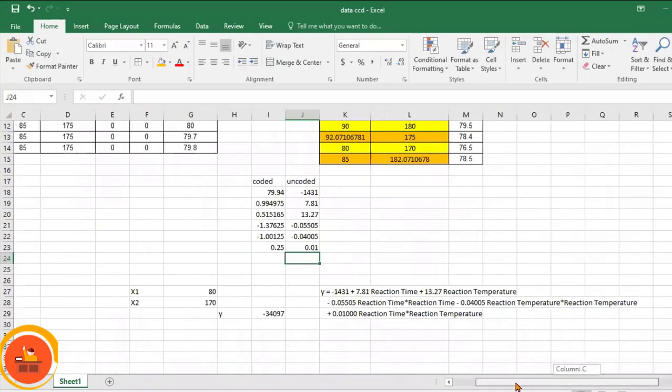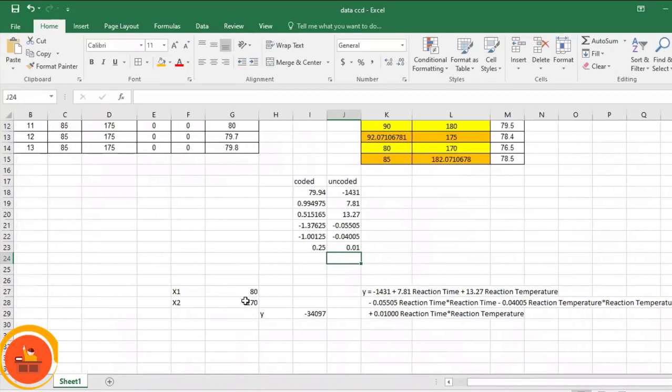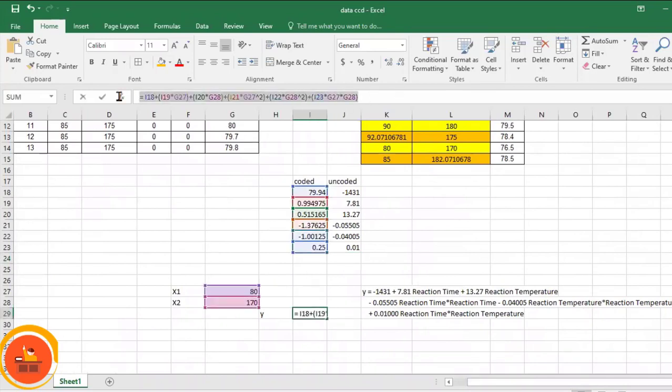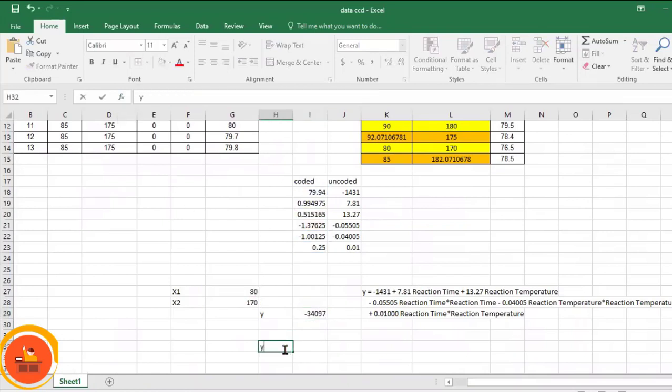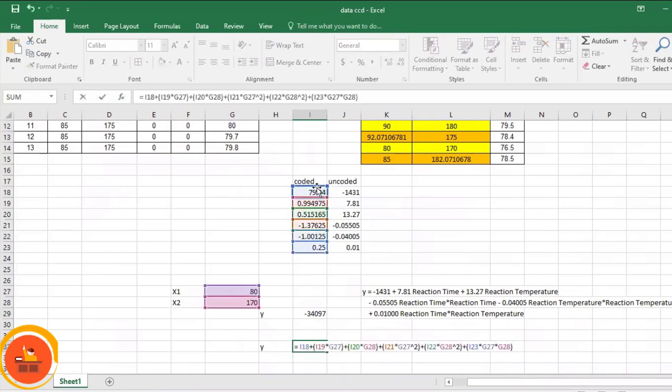Now what I simply do is, these two values are common, no? I will copy the equation which I have typed just now for the coded. Here I will go y. I will copy the equation and just change the terminologies from here to here, shifting, because this will have a change, but the other thing will not have any change.